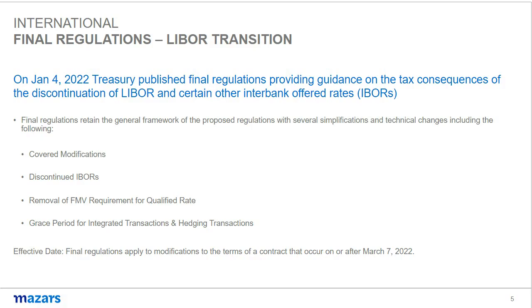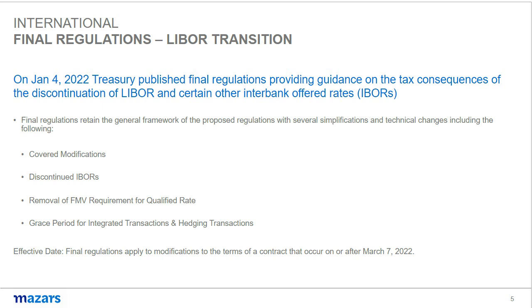So the first topic is the final regulations on LIBOR transition. Just by way of background, in 2017, the UK Financial Conduct Authority announced that the London Interbank Offered Rate, or LIBOR, would be phased out. As a result, financial institutions and other parties would need to identify and utilize alternative reference rates.